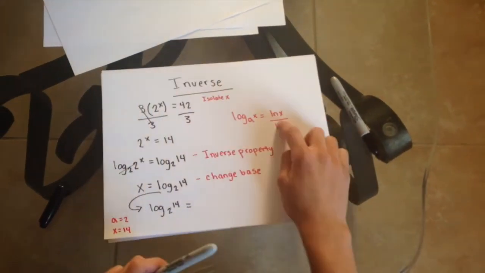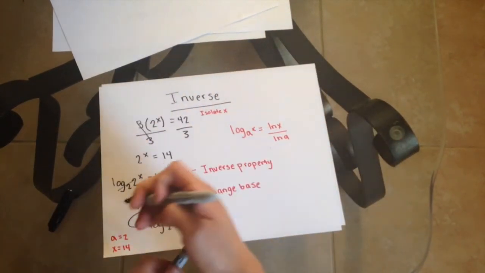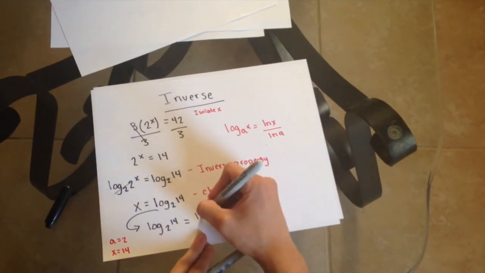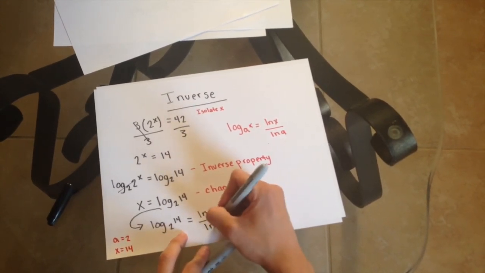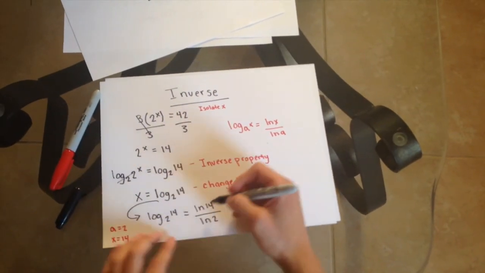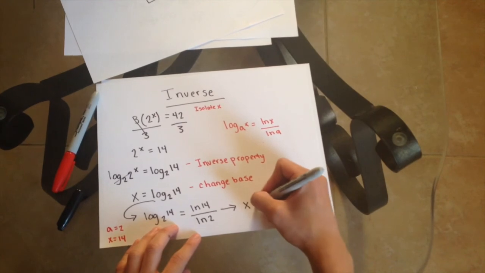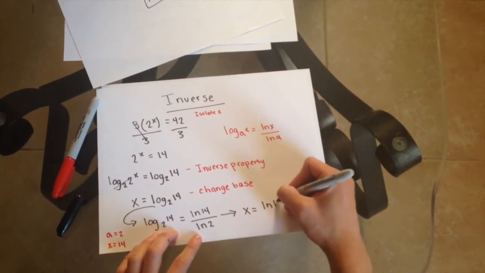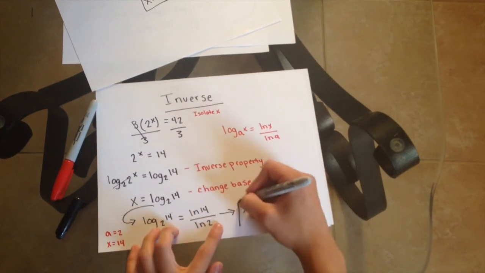So that'll just equal the natural log of 14 over the natural log of 2. And this is our final answer, because we have now isolated x.